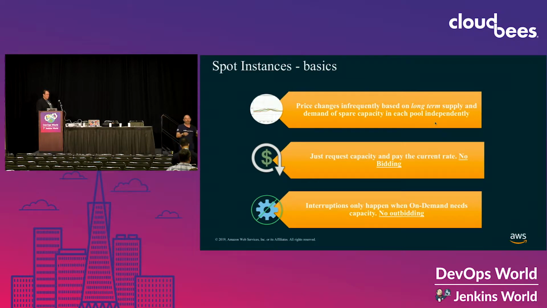If there's one thing that you walk out of this room with today, I want you to remember this. If you ever heard the term bidding, erase it from your mind. That's gone. We got rid of bidding in 2017. In 2017, we eliminated bidding and went to a long-term market-based pricing model.